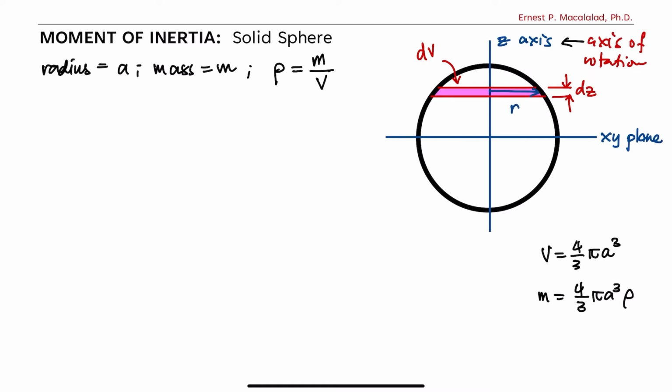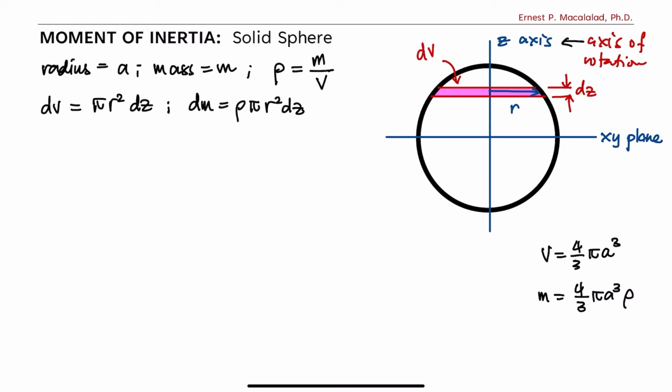And this r is the same r that we're going to use later. So the volume of this disk would be the area of the disk times the thickness. The area of this disk would be pi r squared and the thickness is dz. So therefore, dm would be equal to rho pi r squared dz.